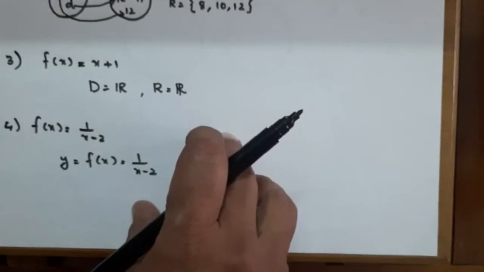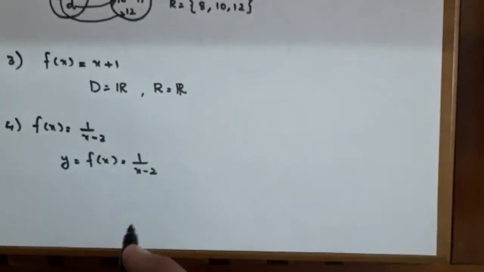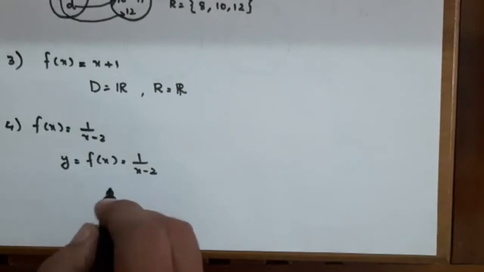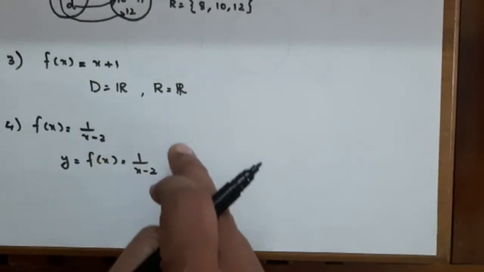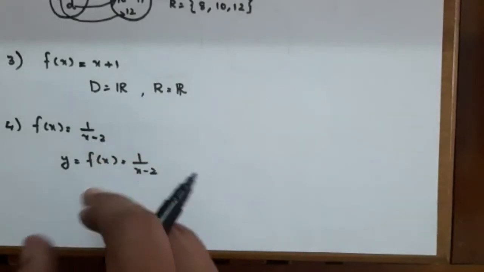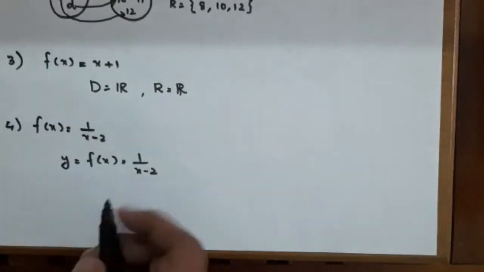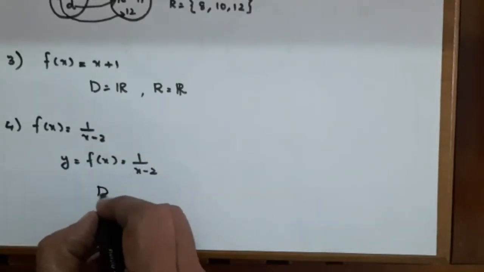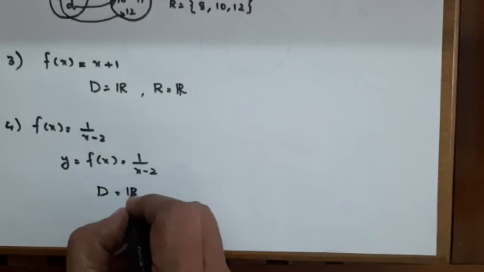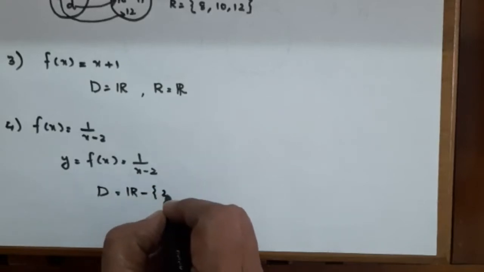Therefore, we want to avoid the element x equal to 2 from the domain of this function. And this answer 1 by (x minus 2) can be obtained for any other real number x. Therefore, domain equals the set of real numbers minus the singleton set {2}.